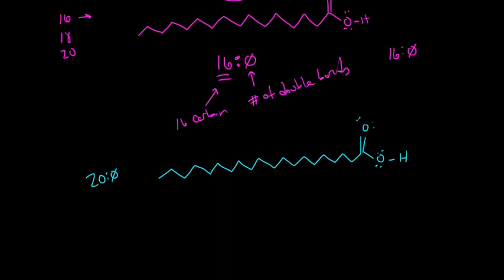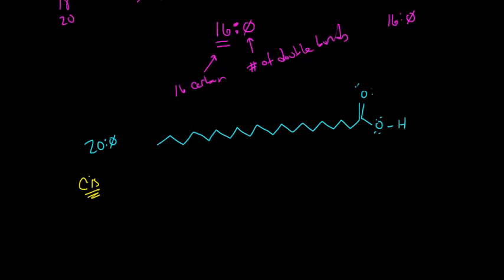Things start getting a little bit more complicated when we put in double bonds, but not a lot more complicated. The one thing that I want to really stress here is that in biological systems, the double bonds are almost always in the cis orientation. So when we're drawing biological fatty acids, we always draw the structure so it's a cis double bond.